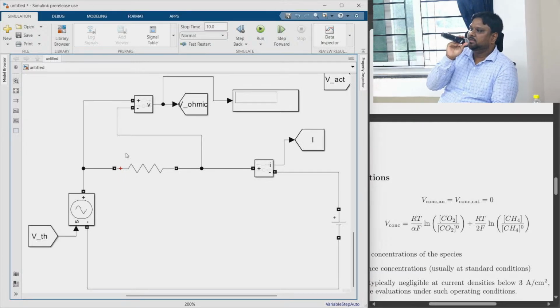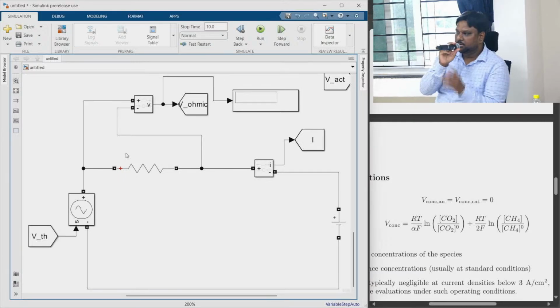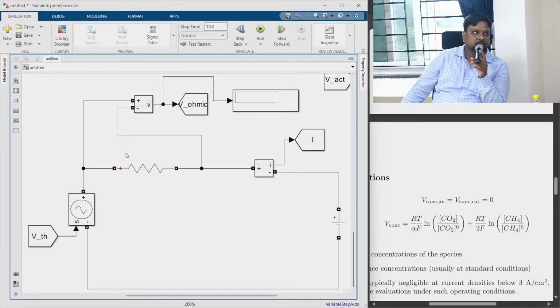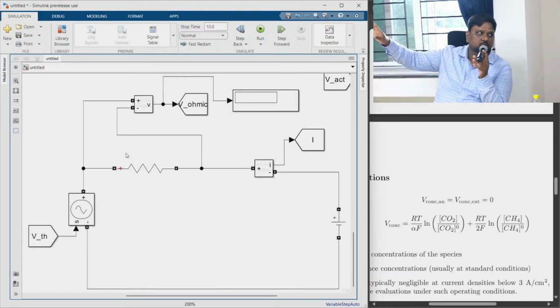This is a simple electrical model. As you will complete today, tomorrow we will do the following: if you see, we have connected this to a constant DC voltage. Now in reality that DC voltage will not be a constant, it will be the output of a DC-DC converter. So that DC-DC converter along with the controller with this load, we will show tomorrow. So let's complete this totally today so that you can use this model tomorrow.